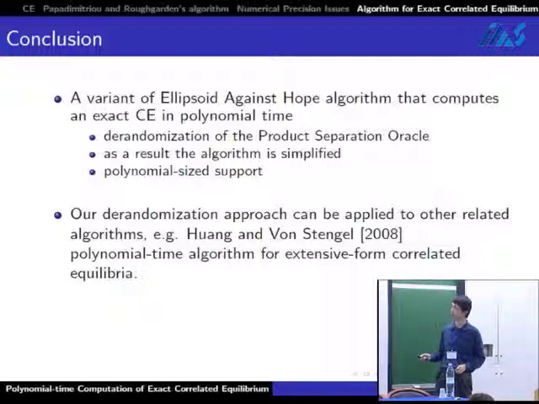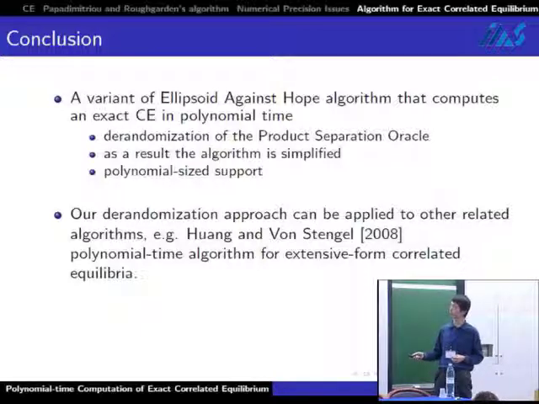There we still have a similar type of x transpose U y greater or equal to 0, except that the x is no longer a product distribution. Instead, it's a type of behavior strategy.